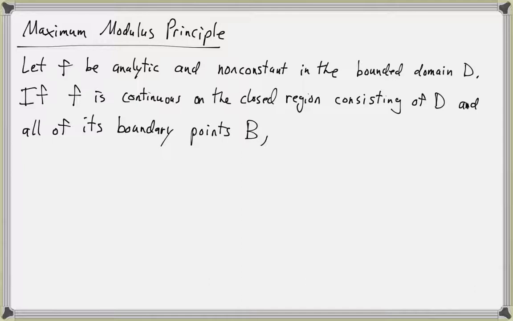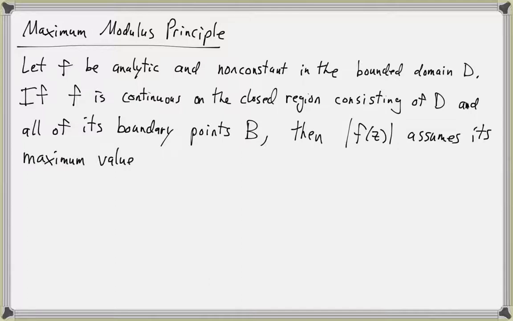So we can conclude that the absolute value of f of z assumes its maximum value somewhere on the boundary B. So again, the difference is that on the closed region consisting of D and its boundary, f in absolute value attains its maximum, and since it can't attain it in the interior, the maximum must occur somewhere on the boundary B.